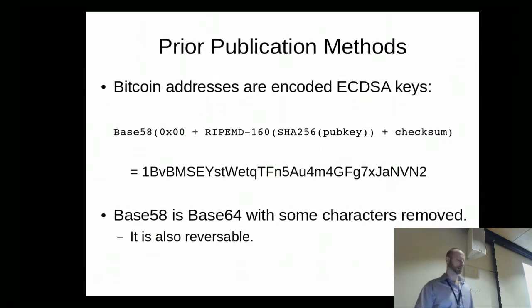Basically, instead of calculating that RIPEMD output, you just set your 20 bytes to be that. Calculate the checksum, prepend the 0 byte, base 58 that, and there you go. You've got a Bitcoin address that appears to be valid. Now the network doesn't know that it's invalid. It just sees that address and says, okay, well the checksum's valid, so okay.